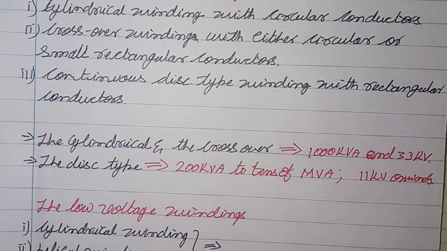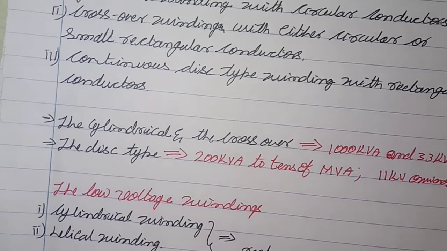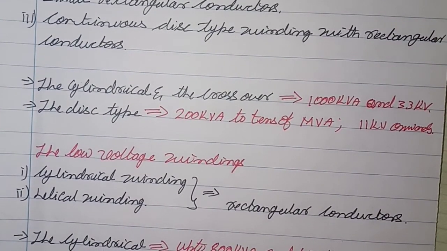And the voltage above 11 kV, we'll go for the disc type windings. And then for low voltage windings we have two types, cylindrical winding and helical winding.